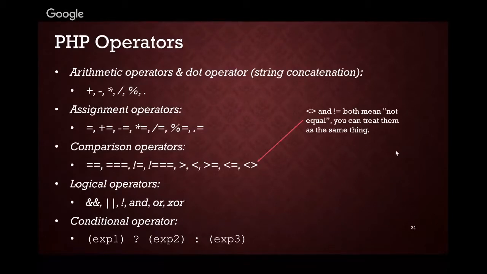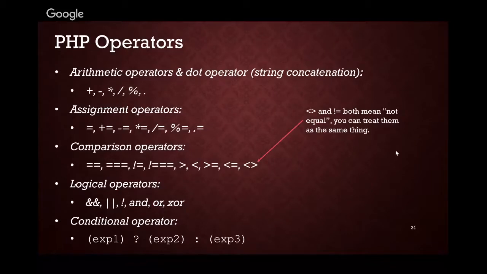So PHP operators. Most of these will be all the same as in other languages, and some may not be quite the same. This one means not equal, but smaller-or-larger-than also just means not equal. So this one and this one will be the same. This one maybe some other languages will have. Okay, so the assignment operator, comparison operator, logic operator, condition operator, all other languages have those.